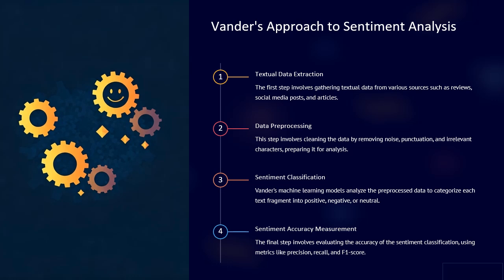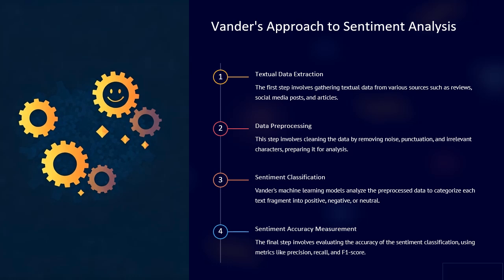The third step, sentiment classification, is where the actual analysis takes place. In this stage, Vader's machine learning models analyze the cleaned and processed data to determine the overall sentiment conveyed in the text. These models are designed to identify patterns and clues that indicate whether the sentiment is positive, negative, or neutral.